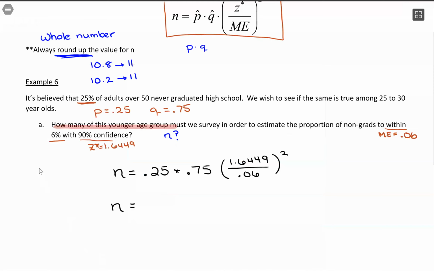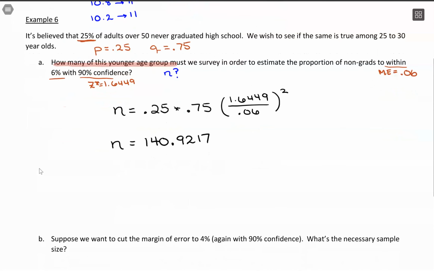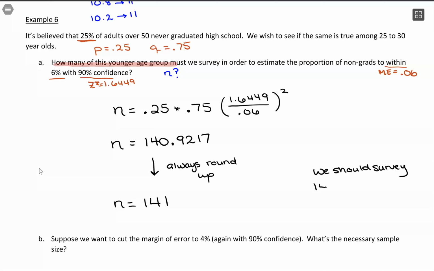So let me just write that out for us, 140.9217. And then our usual rounding rule would say round up, but just to emphasize that we always round up. So this would have a sample size of 141. So we should survey 141 of this younger age group.